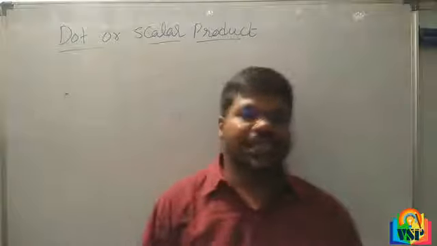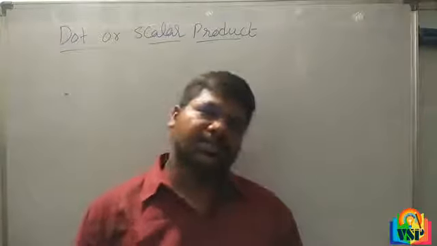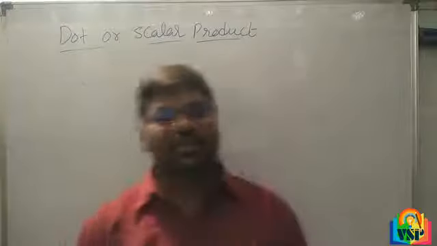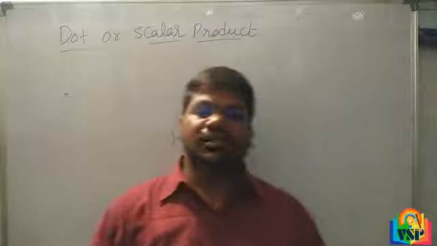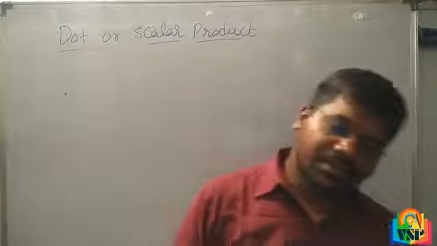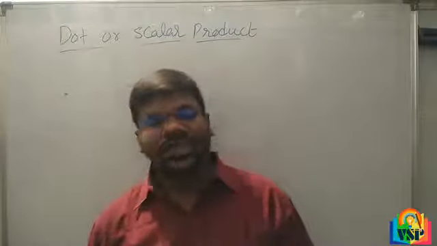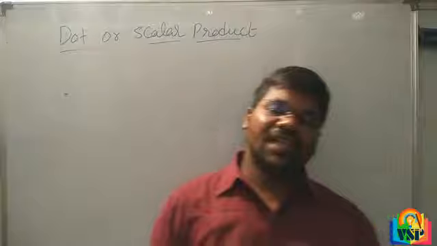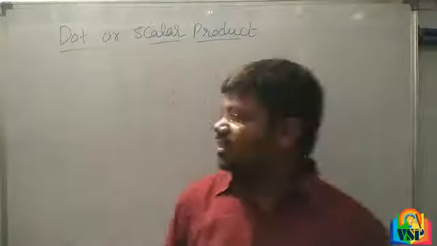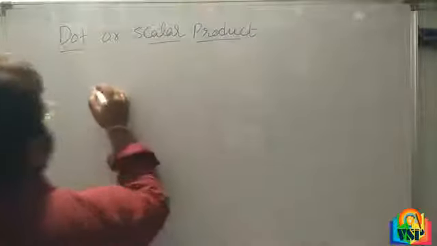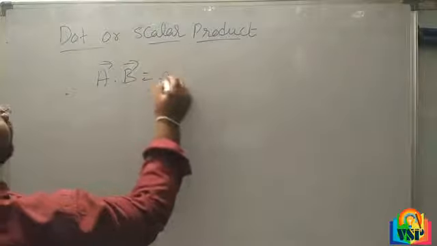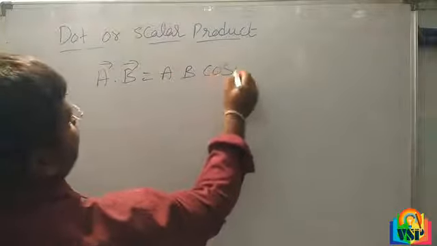Coming to dot product or scalar product. Dot product or scalar product is defined as the product of the magnitudes of vectors A and B and the cosine of the angle theta between them. It is represented by A bar dot B bar, which is equal to AB cos theta.